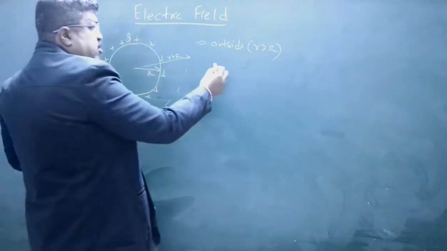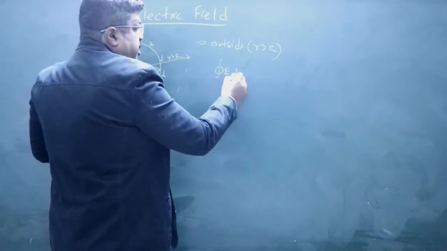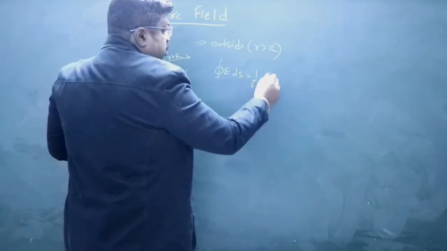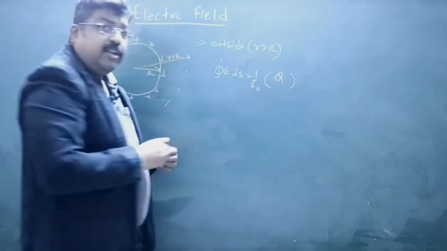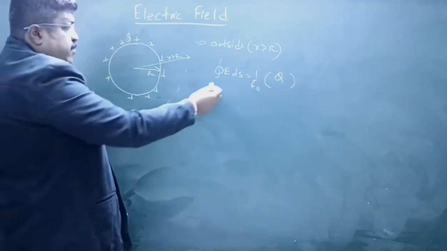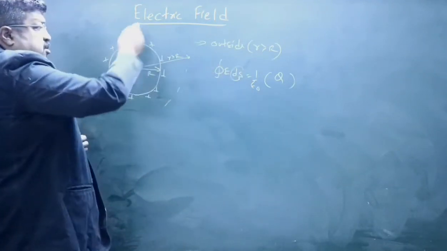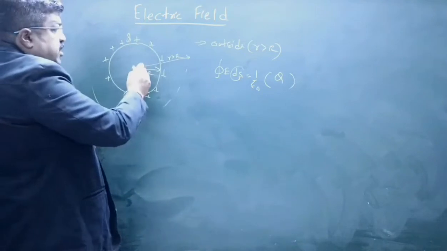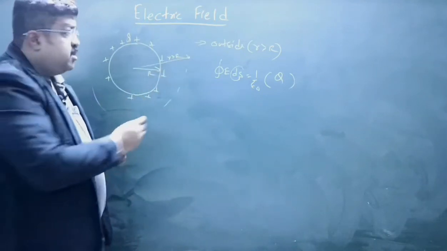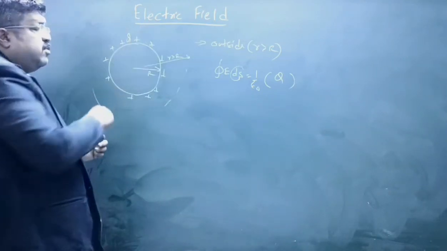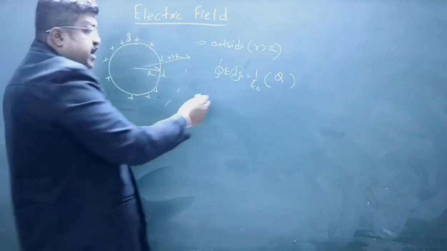Okay. So if you apply Gauss theorem, it is integral E ds is equal to 1 by epsilon naught times the enclosed charge. Okay. And if you integrate, this ds will be the surface area of this Gaussian surface. Now if it is of radius small r, the surface area of this Gaussian surface, which is spherical in shape, will be 4 pi r square.